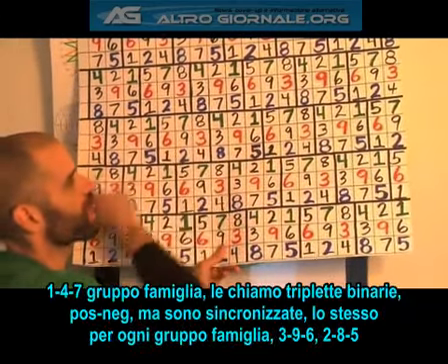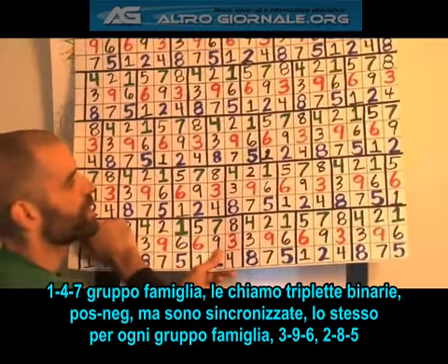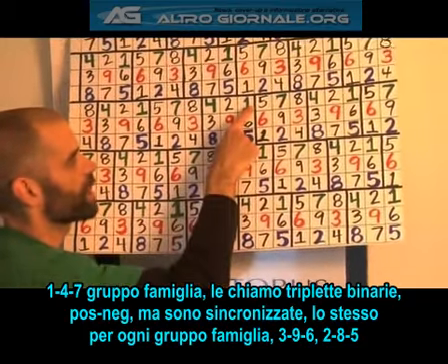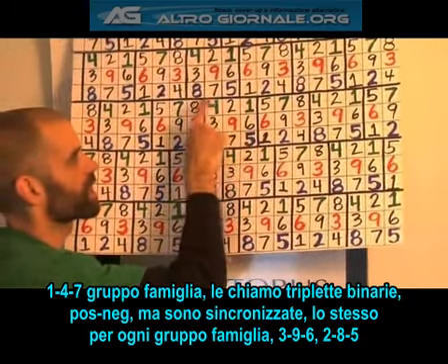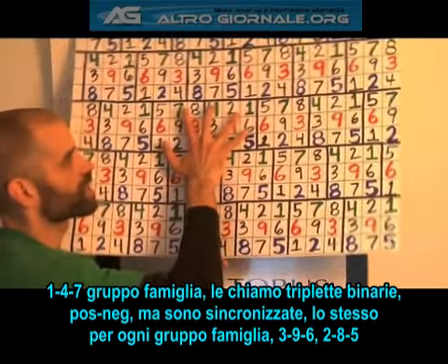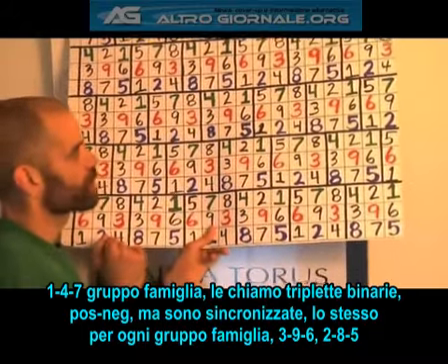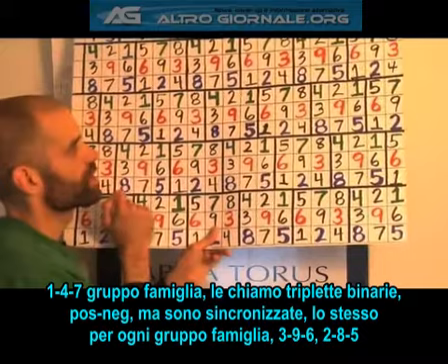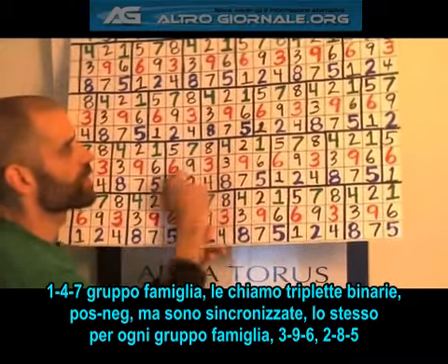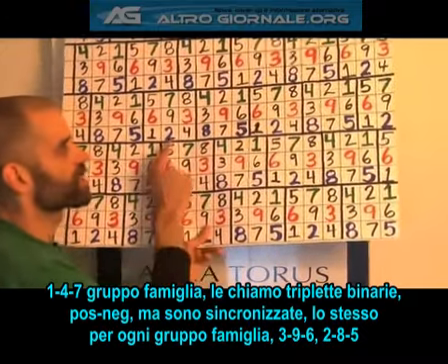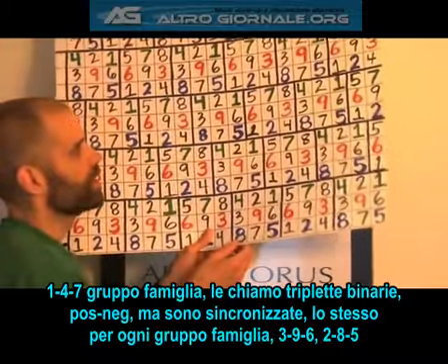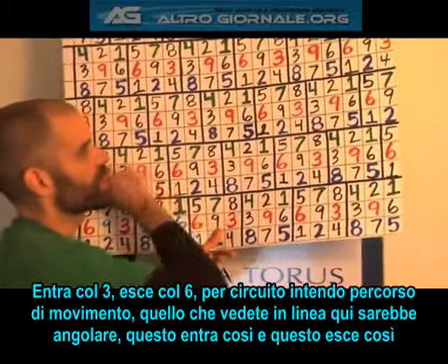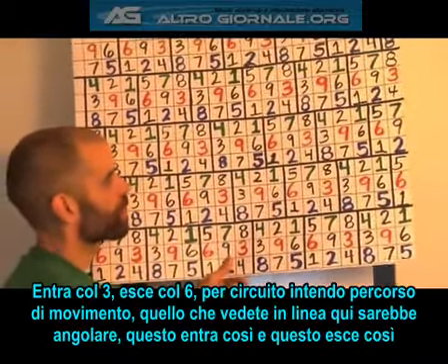It's my 147 family number group. All right, that's what I mean with a binary triplet. It's binary, positive, negative, but it's actually a synchronized triplet of your 147. It's the same with every family number group, whether it's 396 or 285. Okay, it's going in 3, coming out 6.